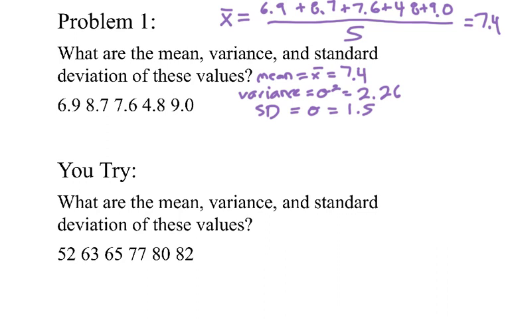All right, so I'd like you to try this. You try. And what I want you to do is, if you're doing any kind of rounding, round to 2 decimal places throughout, so that in the end, you're correct within 1 decimal point.